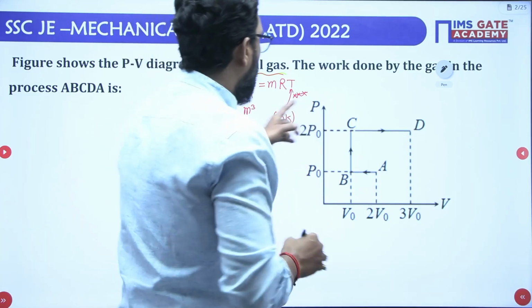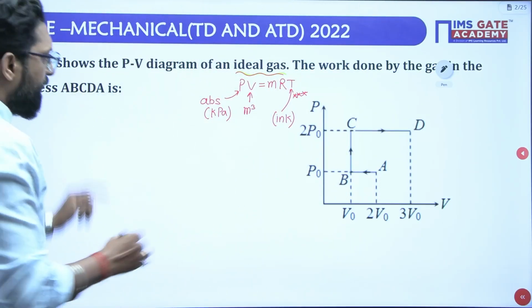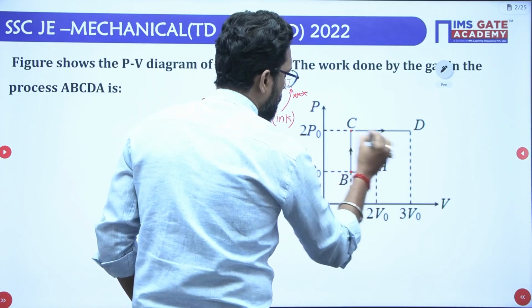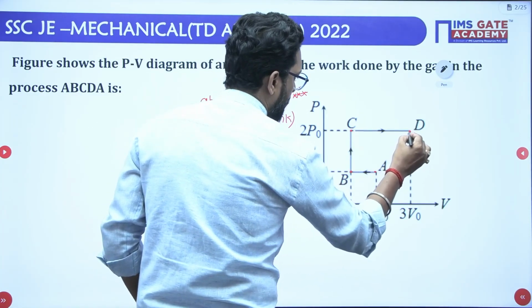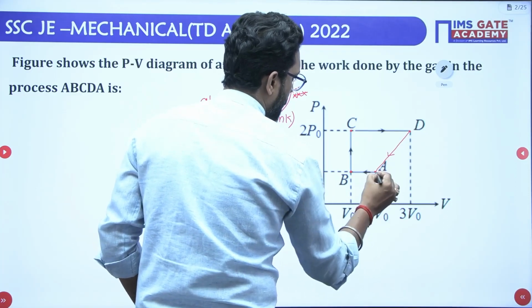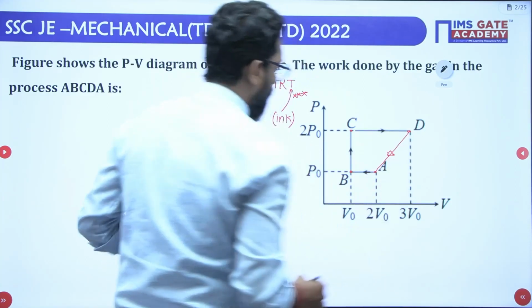So this is the work done by the gas in this process A, B, C, D, A. This is the process. So what is the work done?